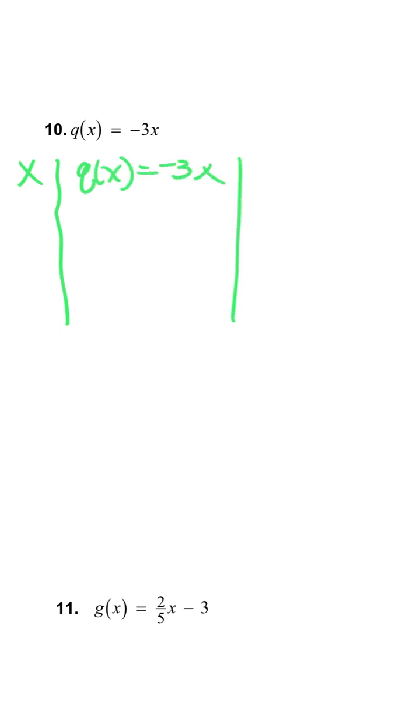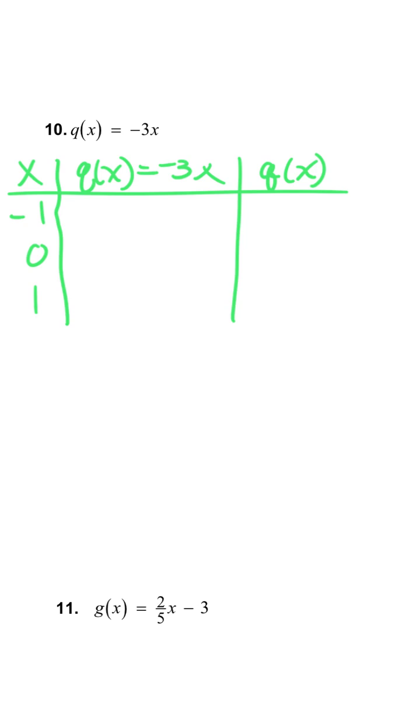And our output is going to be q of x, which is the same as y, right? Yes. So what numbers are we going to use? Remember, I always told you, use low numbers so that when you are multiplying or adding, dividing or subtracting, you're not doing big numbers, especially when you have to graph it. So we're going to use -1, 0, and 1.